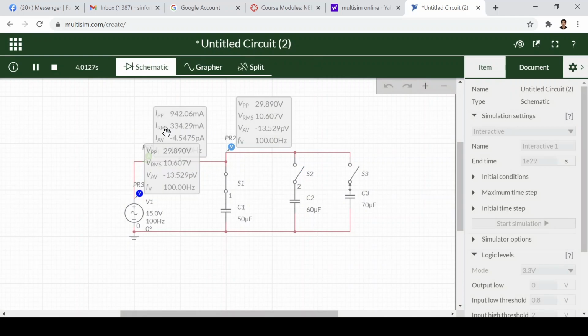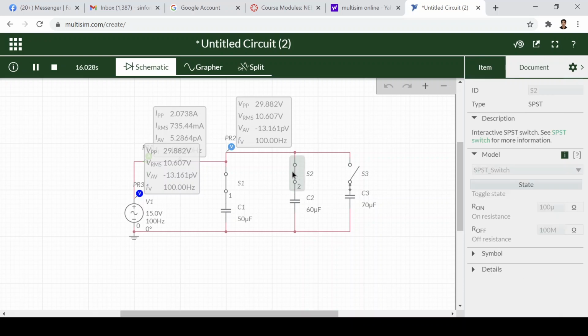Observe the reading of the ammeter. Close the switch S2. It has increased to 730. And then increase the number of capacitors in the circuit. We close S3.